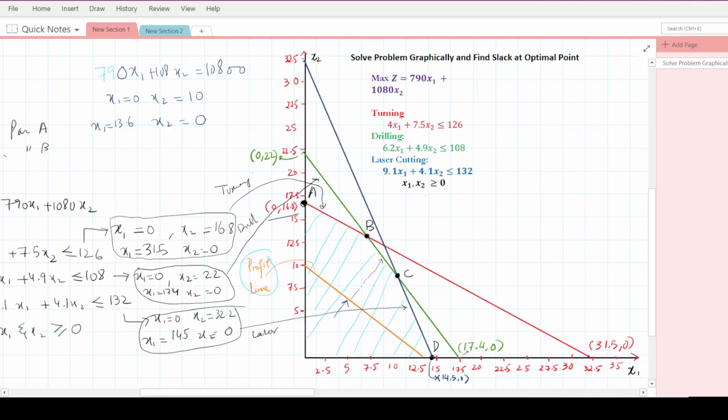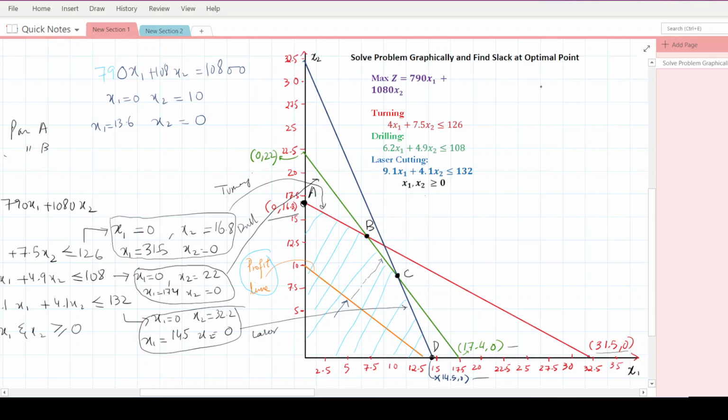One thing I would suggest: while drawing a graph, always write all the points where the constraints intersect the x1 and x2 axes, because these points will come in handy when you are doing the sensitivity analysis for the constraints.